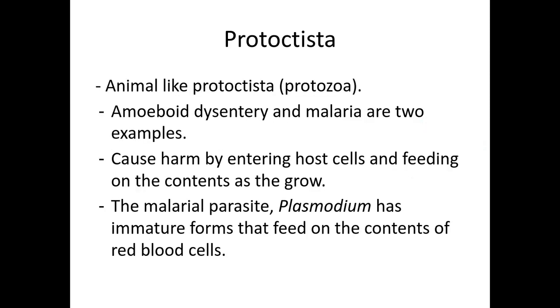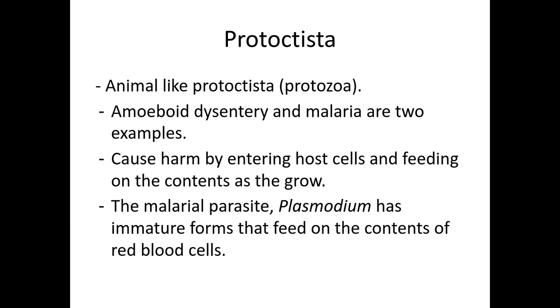Another one you might not have heard of is protoctista. An example of this that you need to know is malaria. These are eukaryotic organisms. They have membrane-bound organelles, and these harm the host by entering host cells and feeding on the contents as they grow.